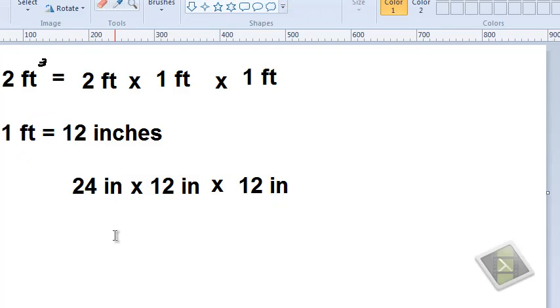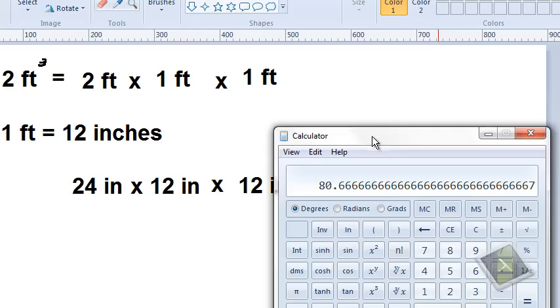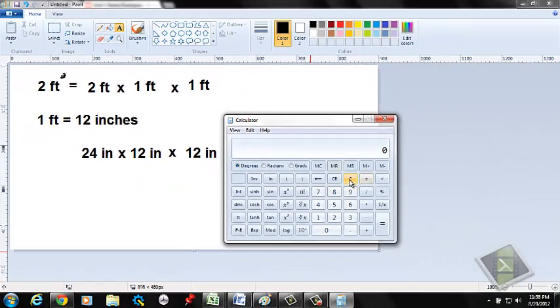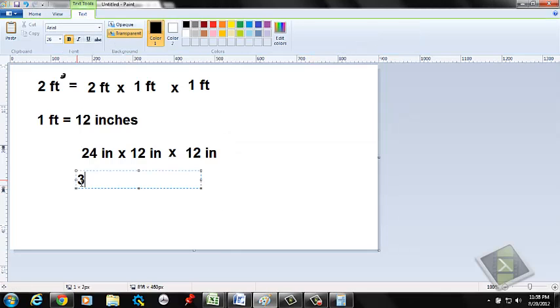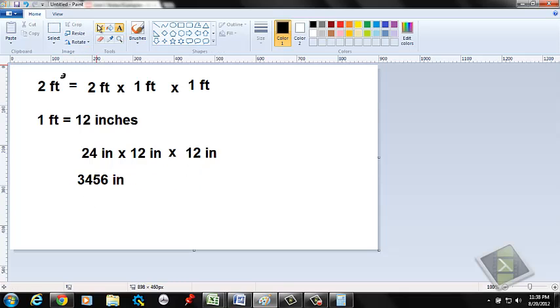So I'm going to have to find 24 times 12 times 12. We'll do that. You're going to get 3,456 inches cubed. Because inches times inches times inches is inches cubed.